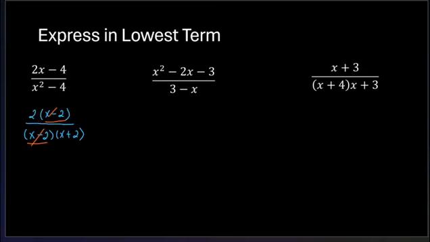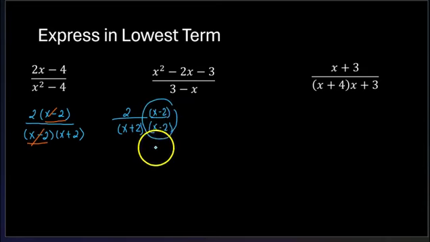If I would rewrite this, I can rewrite this in this form. And this whole thing becomes 1. Hence, we will have just the simplest form of 2 over x plus 2. So it is not being canceled out.